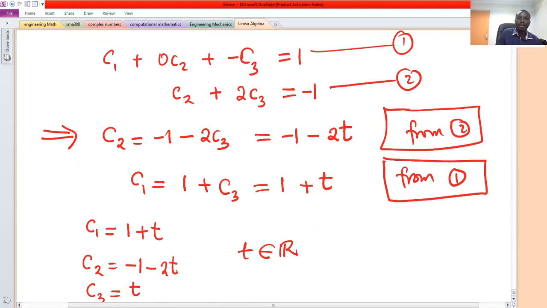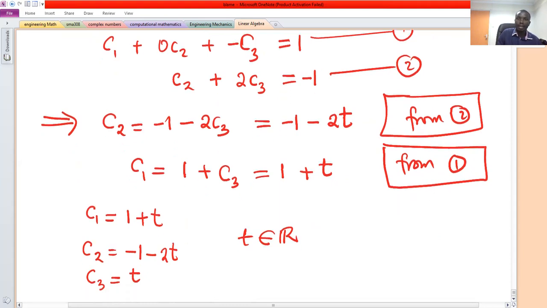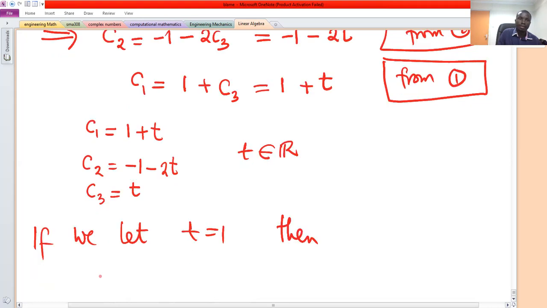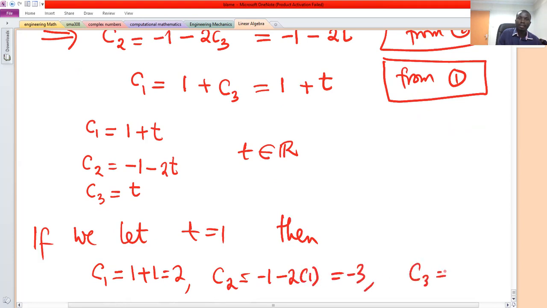So this is a case whereby we have an infinite number of solutions. So if we let T be 1, then C1 will be 1 plus 1, which is 2. C2 will be minus 1 minus 2 times 1, which is minus 3. And C3 will be just 1.